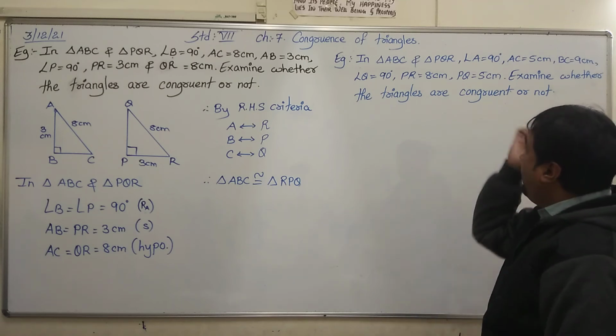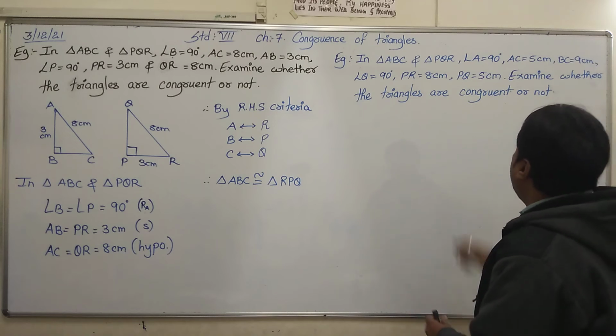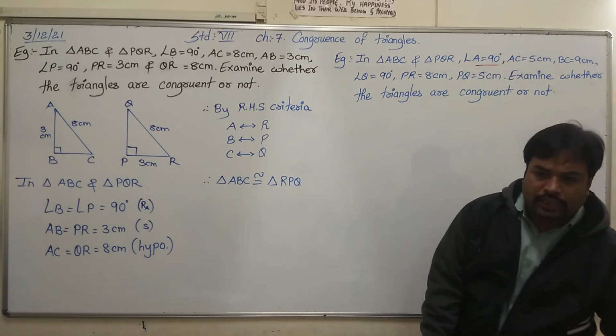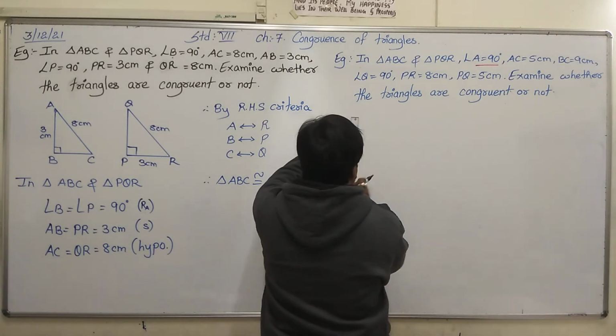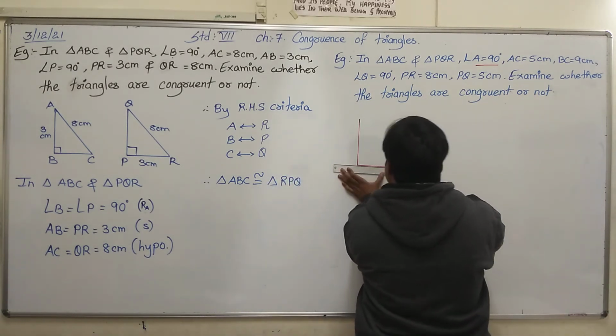In triangle ABC and triangle PQR, angle A is 90 degree. Again, right angle triangle is given to you. 90 degree means what? We have to draw two right angle triangles.